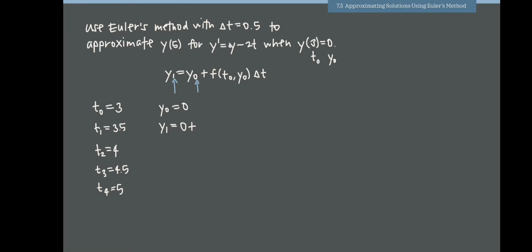So we'll plug in 0 for y and 3 for t and get 0 minus 6, or a negative 6. So we could say here 0 minus 2 times 3, and then we multiply by delta t, which is our step size of 0.5. When we calculate this, we get negative 3.